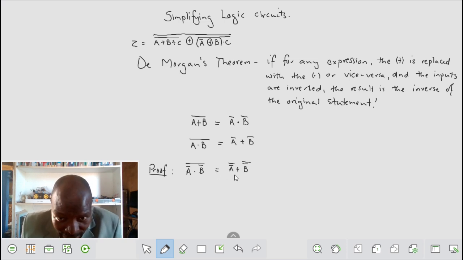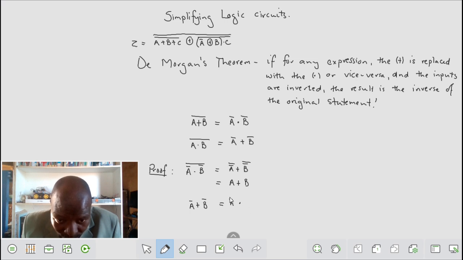All right, let's see what we mean. We have double negation. We learned in a previous exercise that double negation falls away. So A or B. Now let's take the other one. We change the OR to the AND.